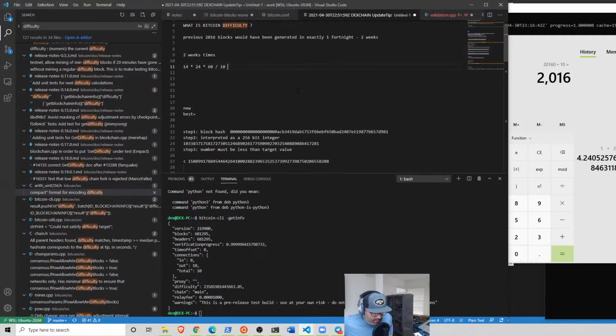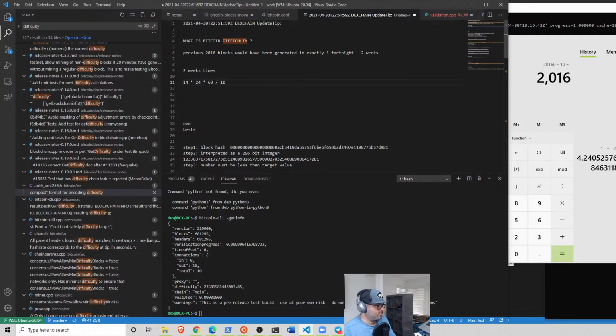The previous 2016 blocks would have been generated in exactly 1 fortnight, 2 weeks.